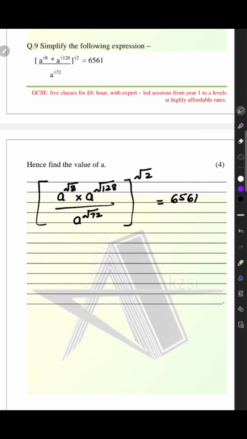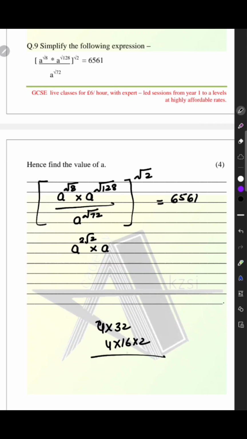So let me simplify these surds first of all. We can say root 8 can be written as 2 root 2, times a. 128 is what? 128 can be written as 4 times 32, or 4 times 16 times 2. This is how we can split into the square numbers.